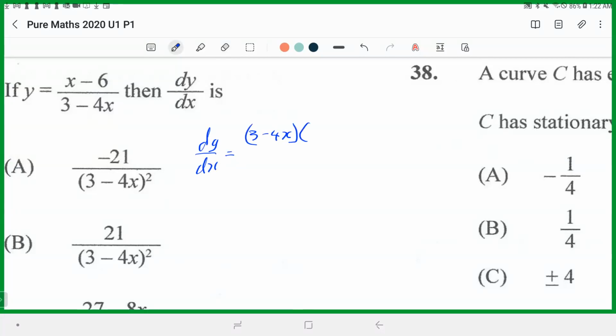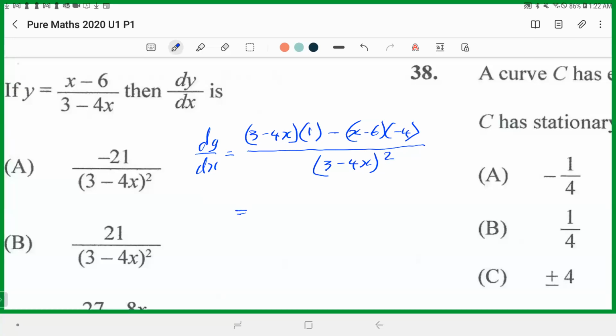Then differentiate the top, to get 1. You switch them around with a minus in between, minus the top, then differentiate the bottom, you get -4. All over the bottom squared, 3 minus 4x all squared.